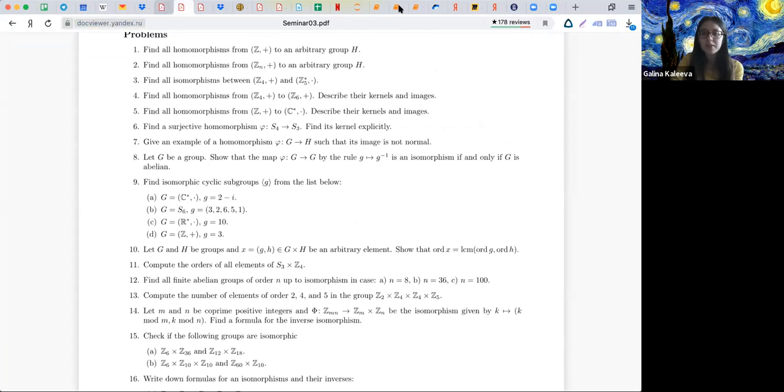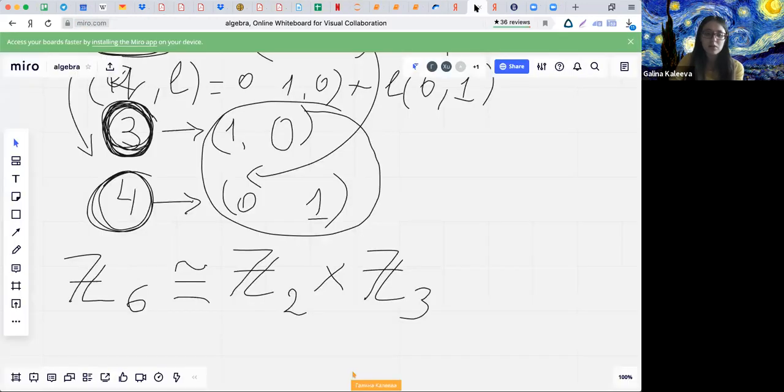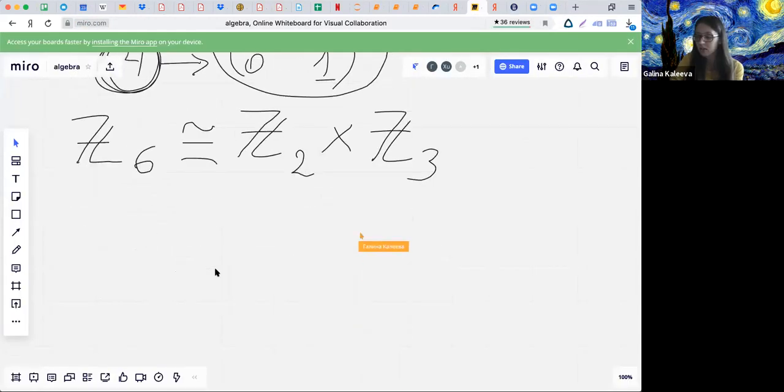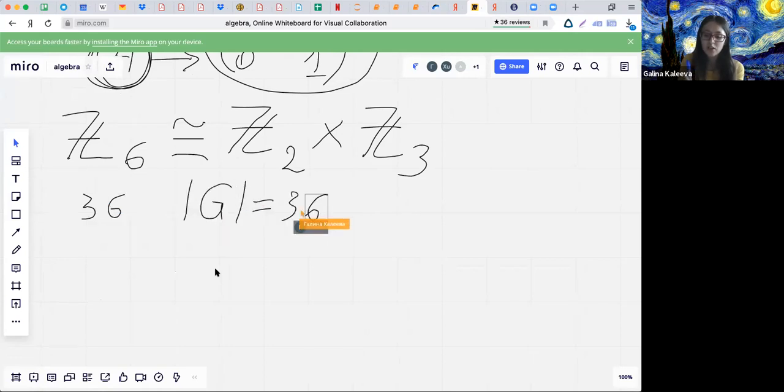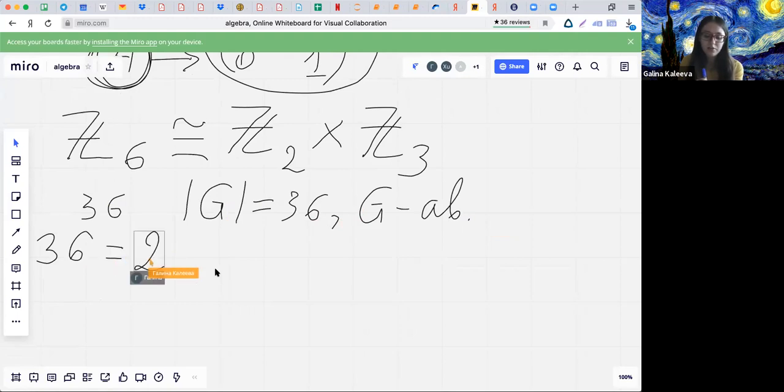First of all, say the order is 36, and I know that G is a group of order 36 and G is abelian, or commutative if you prefer. I would like to represent all the groups with these properties. First of all, I can write down that 36 is 2 squared times 3 squared, right?